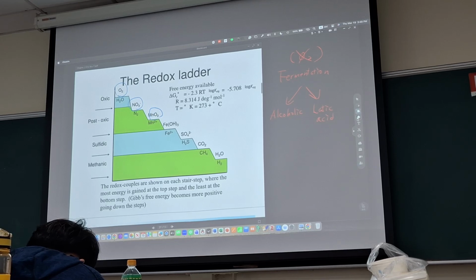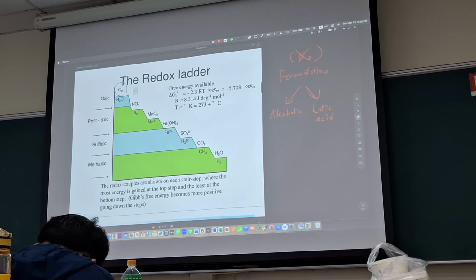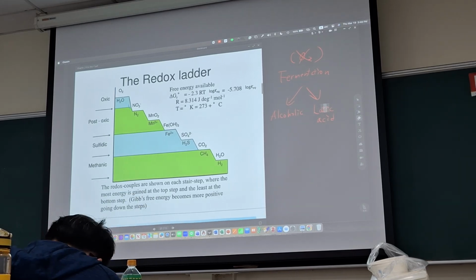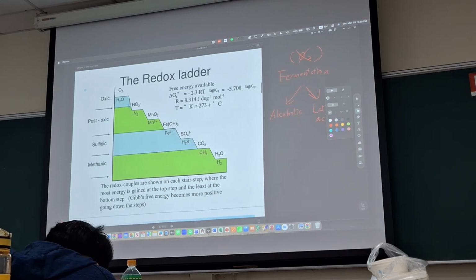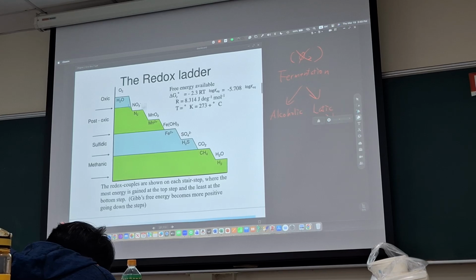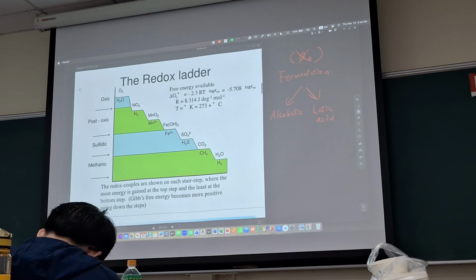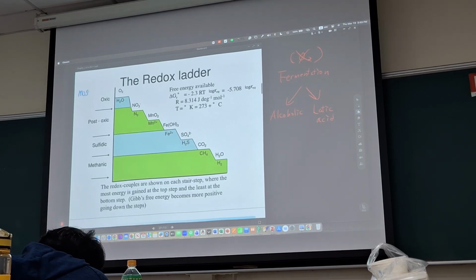One thing I want you to know is that the topper one gets more energy, so most energy here, and the bottom has less energy.